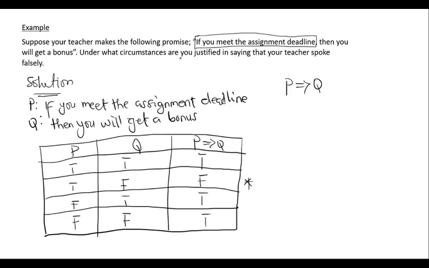Under what circumstance are you justified to say the teacher spoke falsely? This is the circumstance in which you can say the teacher spoke falsely. That is, if P is true, so if P is true, we maintain it.